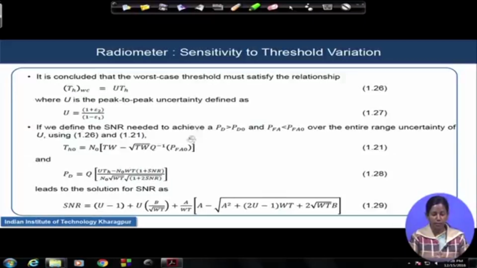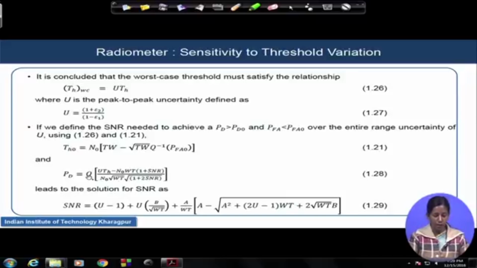If we define the signal to noise ratio needed to achieve a detection probability greater than the desired detection probability, or false alarm probability less than the ideal false alarm probability, over the entire range of uncertainty u, then using 1.26 and the earlier equation we have seen for the ideal threshold selection, we can get the detection probability by simply replacing the th with u into th, the worst case.